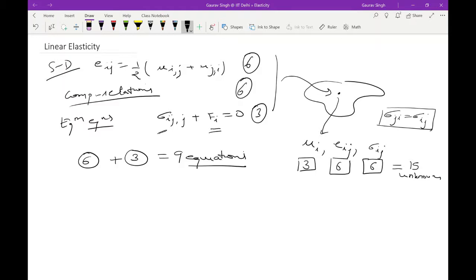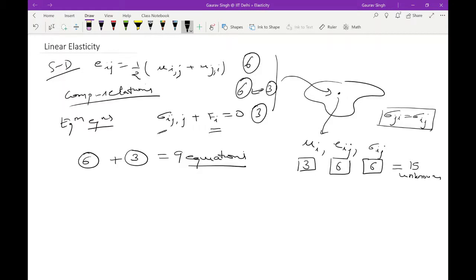These compatibility equations, while there are 6, if you remember, we had also shown that they were actually 3. I think we had done that proof. They have only 3 independent relations, and they only ensure that the given displacement field is single valued and continuous.